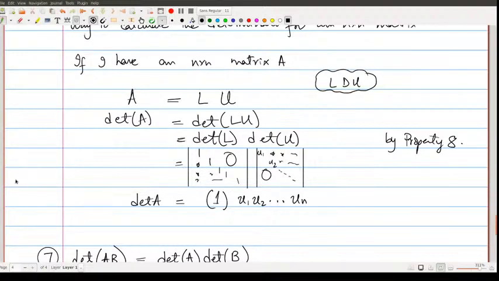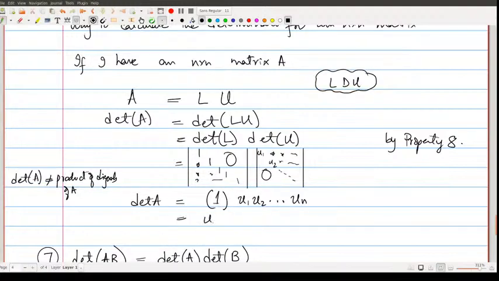Again, I'm not saying that the determinant of A is equals to the product of diagonals of A. That's not true because A may not be a triangular matrix, but we know that U, if you factorize A into LU, then U will be a triangular matrix, and then you can just use this.